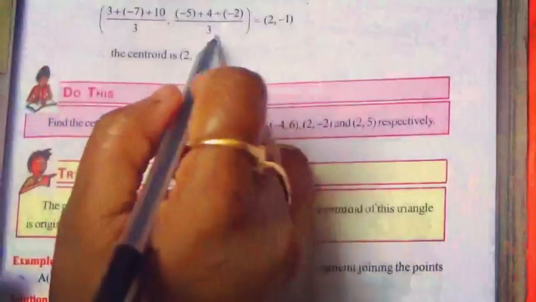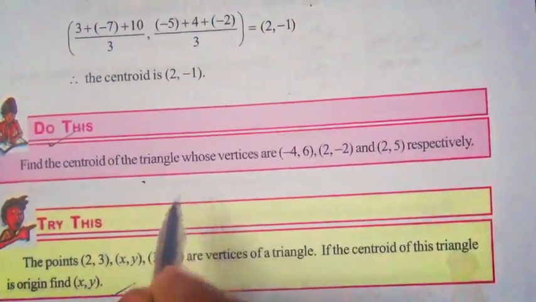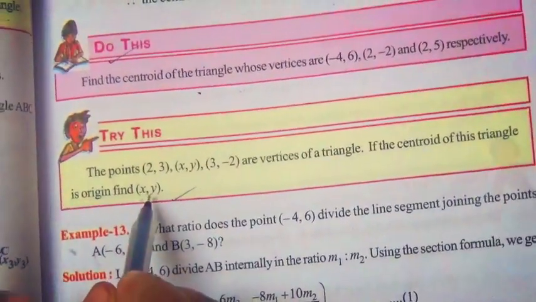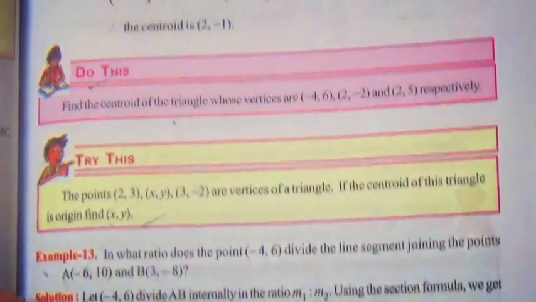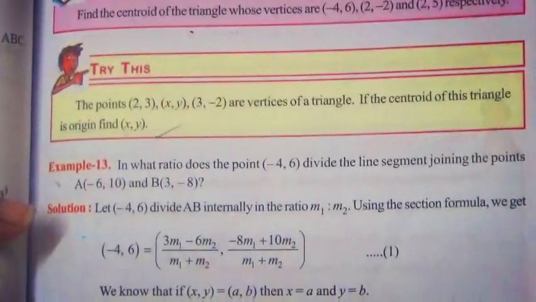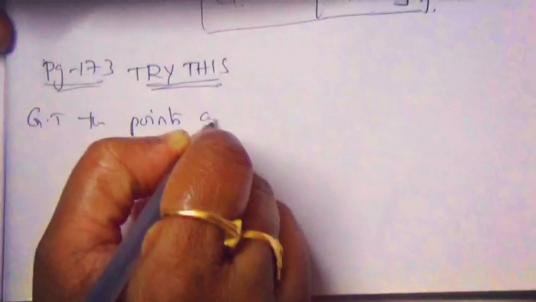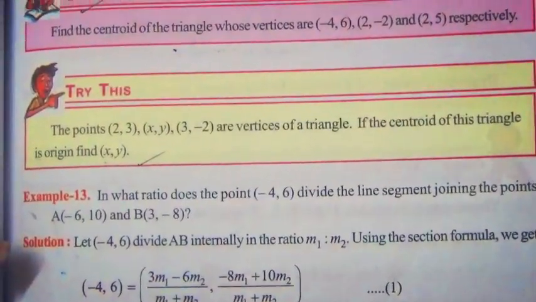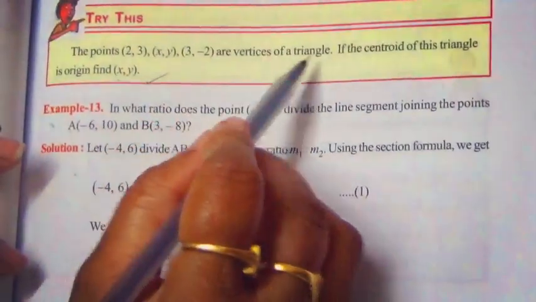Just like the above, you do this sum. Try this given sum on page number 173. Given that the points are 2 comma 3, x comma y, 3 comma minus 2, the vertices of a triangle.